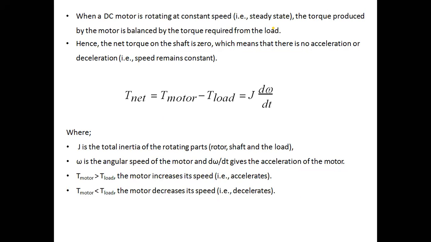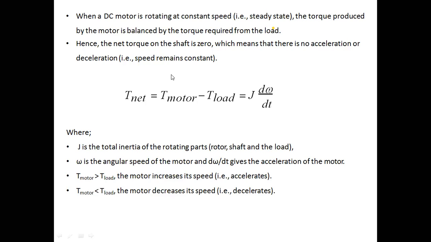So that torque will be divided, some to the load and some to the armature. So you can take tau motor equal to tau net plus tau load. I am calling T as tau because we are calling it torque, and we denote this torque by the letter tau, or we can write it as T, but its pronunciation is tau. That's why I'm calling it here.